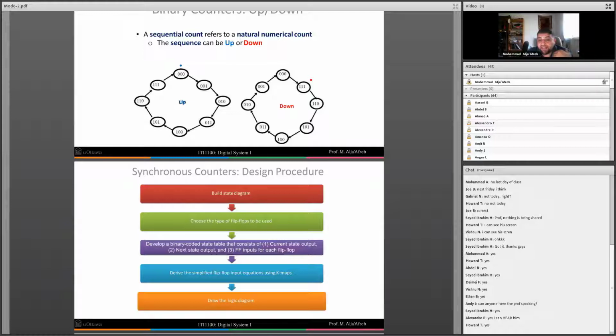After that, what we have to do is get the excitation table. The excitation table is where we do reverse engineering. We know what the next state is, because it's a counter.